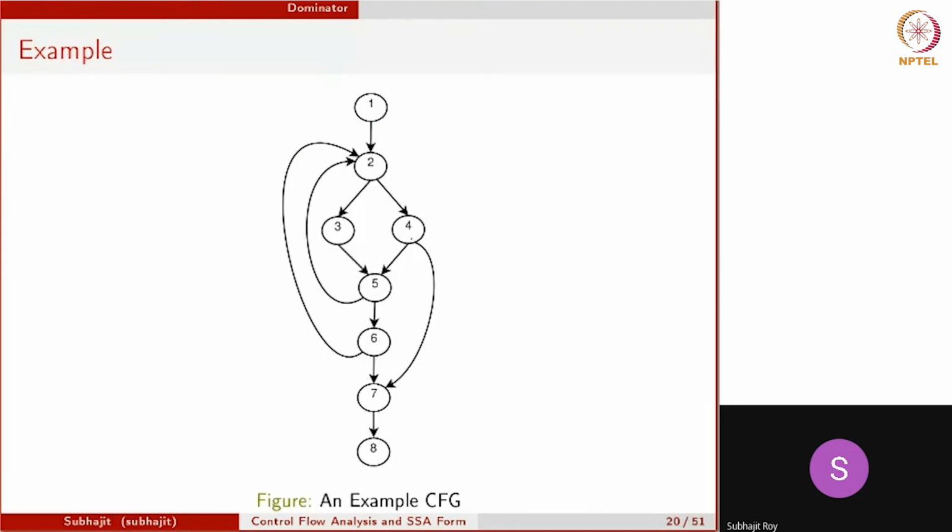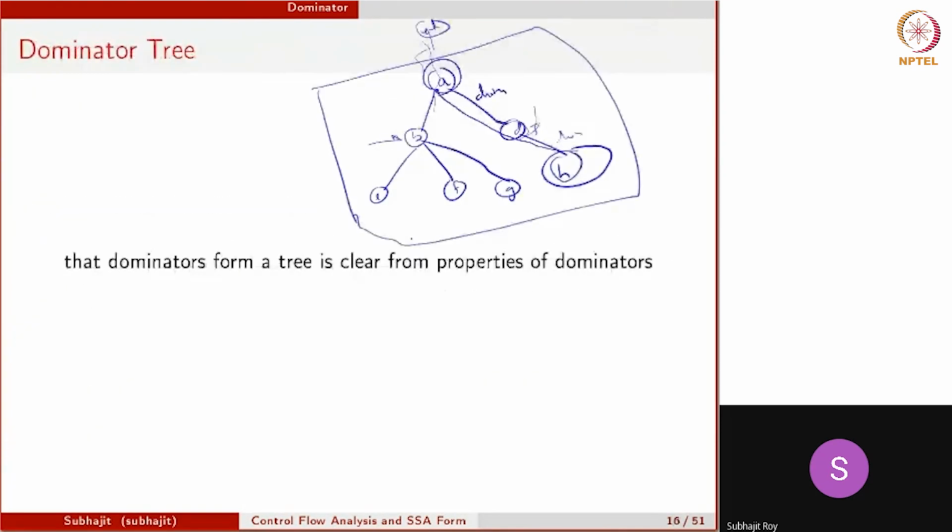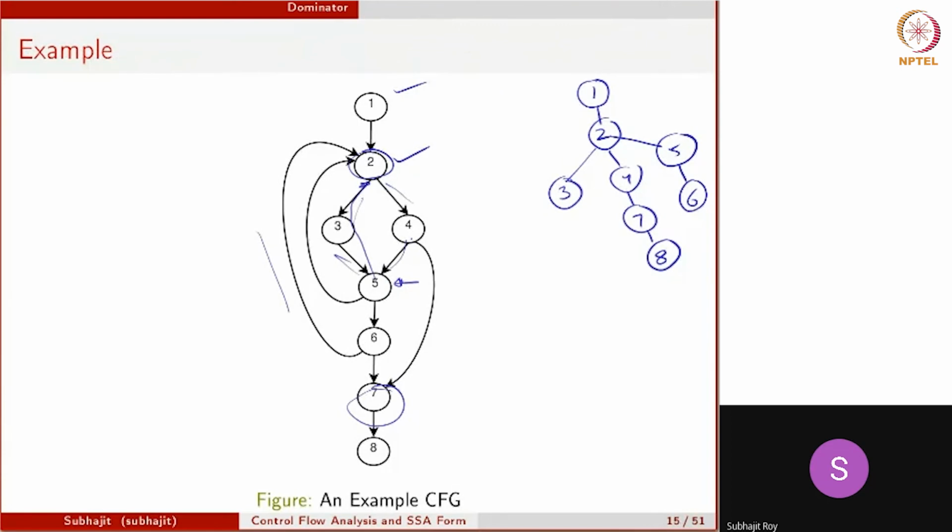So can you tell me what is a package here? Let me go back to the dominance tree. So now we have the dominance tree and the control flow graph. Can you identify the packages for me? Node 5 to node 2. The edge from 5 to 2. So why is the edge from 5 to 2 a package?